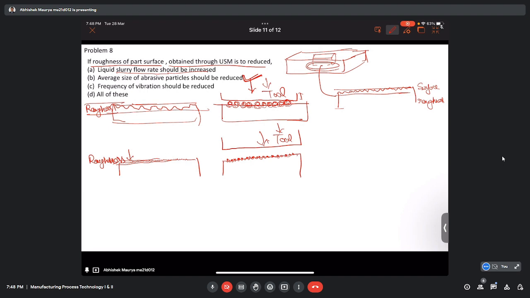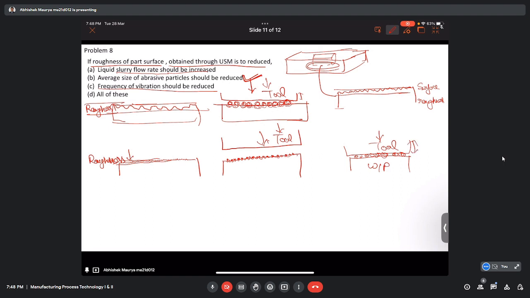And if we see option C, that is frequency of vibration. If we increase the frequency of vibration, it means in 1 second, suppose we have abrasive particles and we have the tool, and this is the workpiece. Material was getting removed from the workpiece because of the load which we have applied and this vibration.